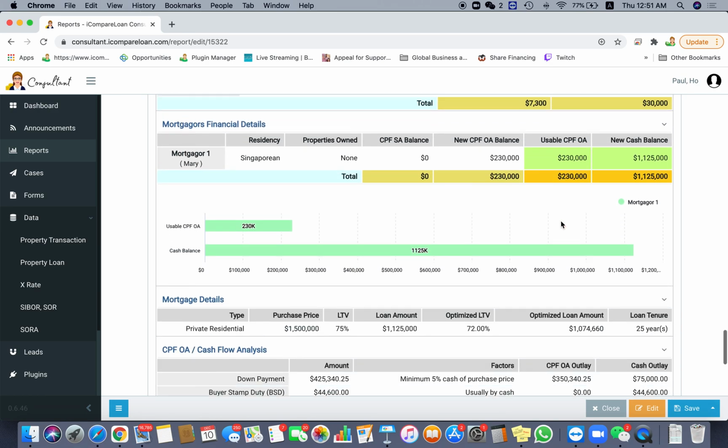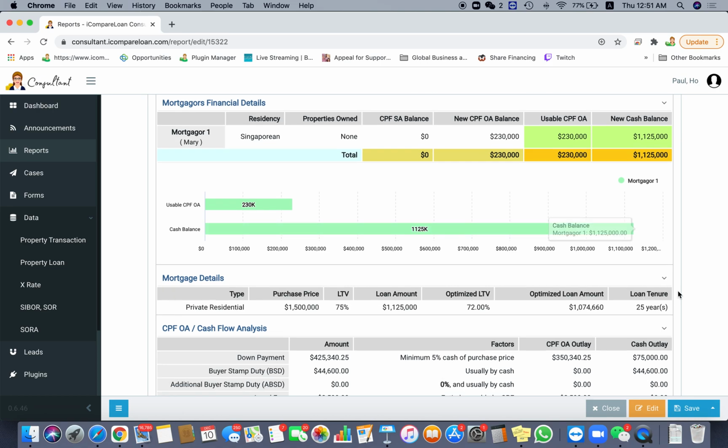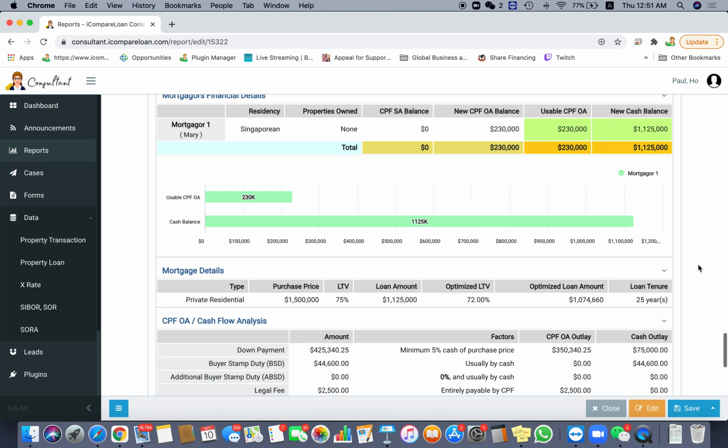But she has additional because she's entered more CPF OA, apart from whatever is going to be freed up from the house. So she has usable CPF OA of a larger sum. So in fact, Mary was going to be even more able to buy the new property.